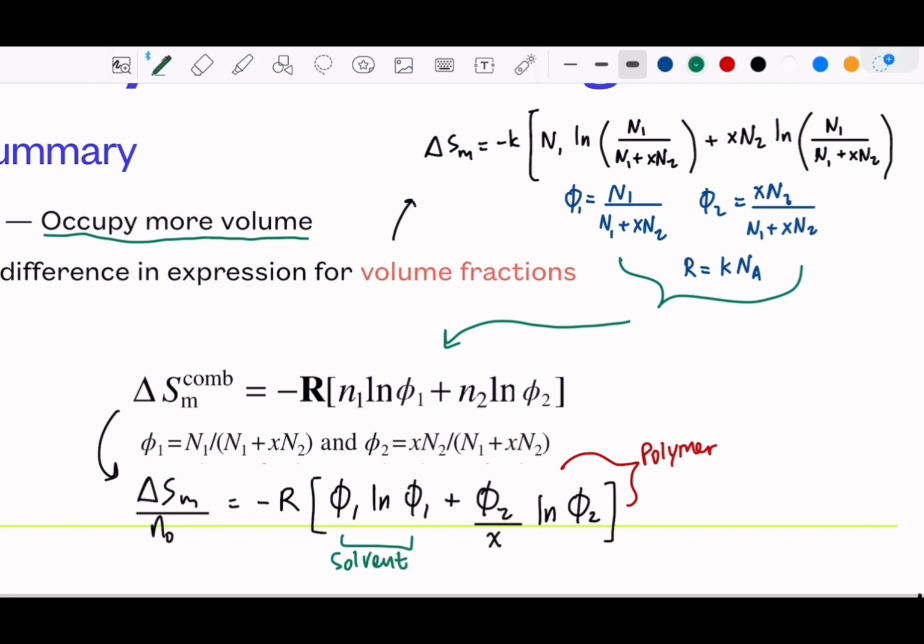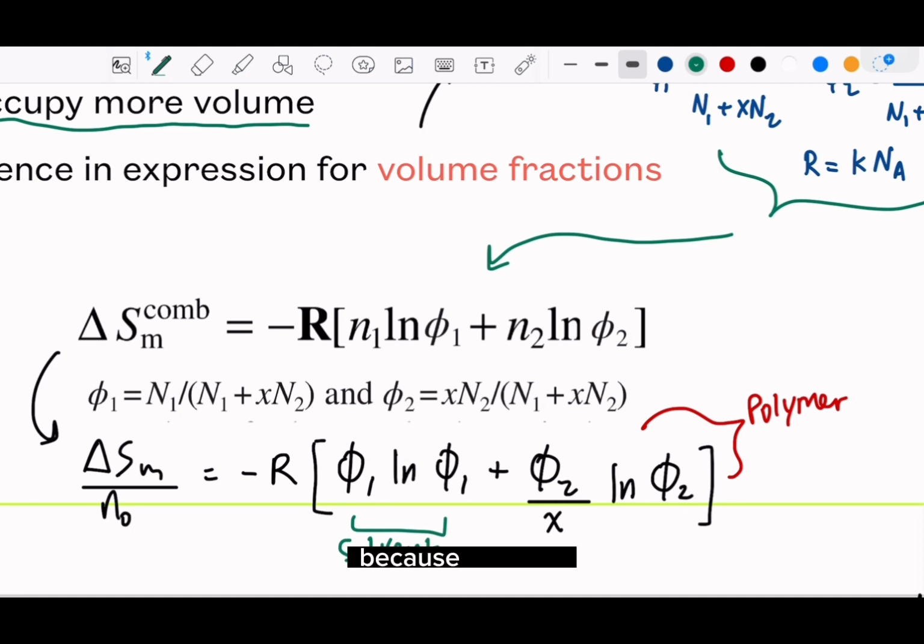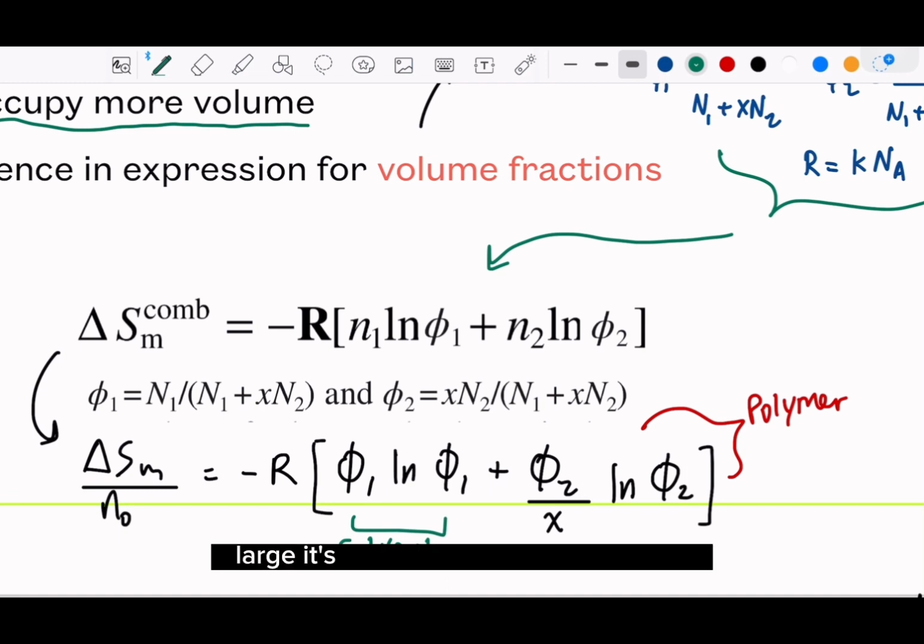And if you see, because this x is large, it's a large molecule, so x is bigger, so this part will approximate 0. And this part is still negative, because this is the same as before. So the only way the system can be mixed is through the solvent.